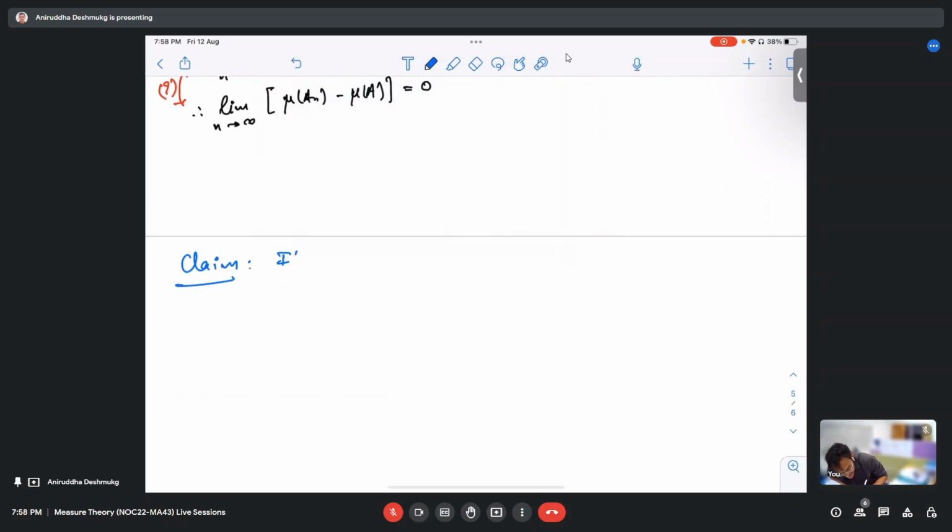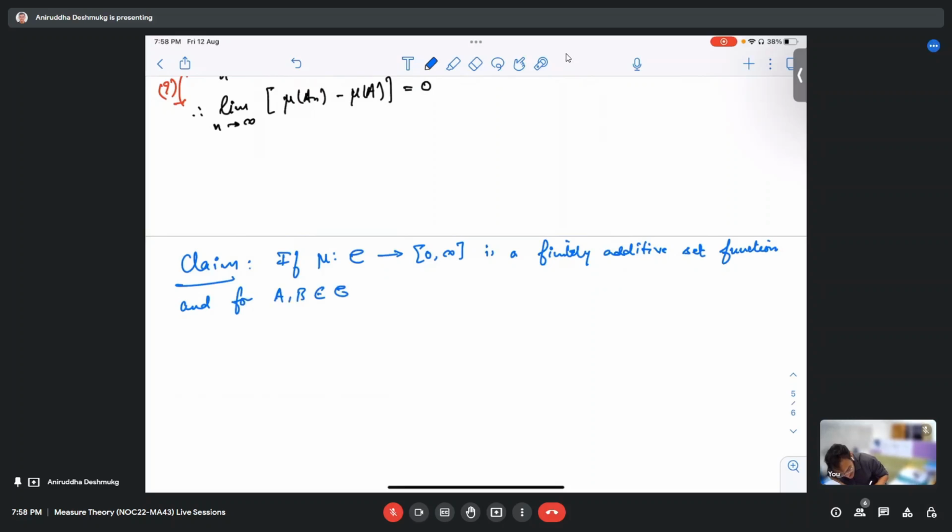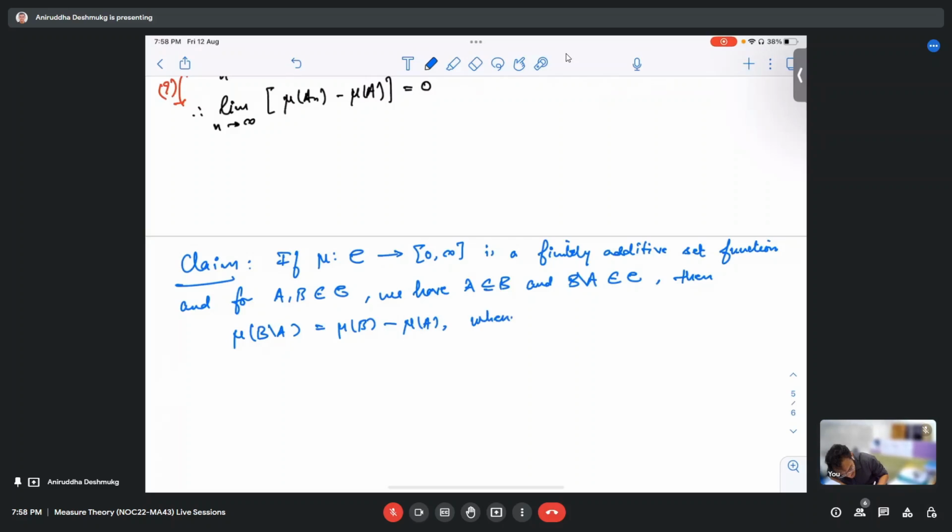So I claim that if mu from any collection C to zero infinity is a finitely additive set function, and for A, B in C we have A subset of B and B difference A is also in C, then mu of B difference A is equal to mu B minus mu A, whenever mu B is finite.